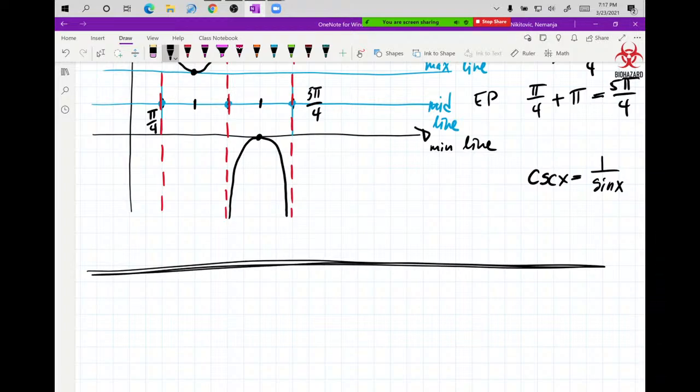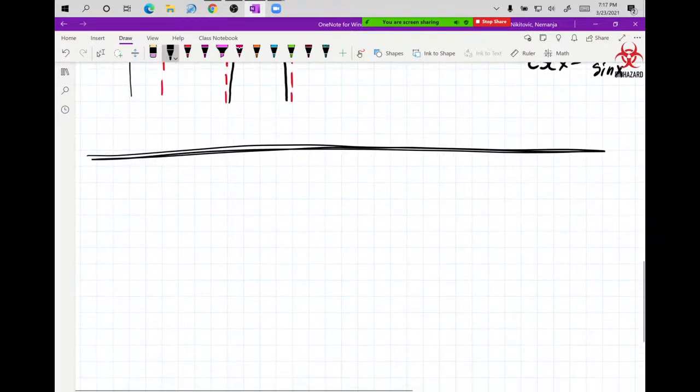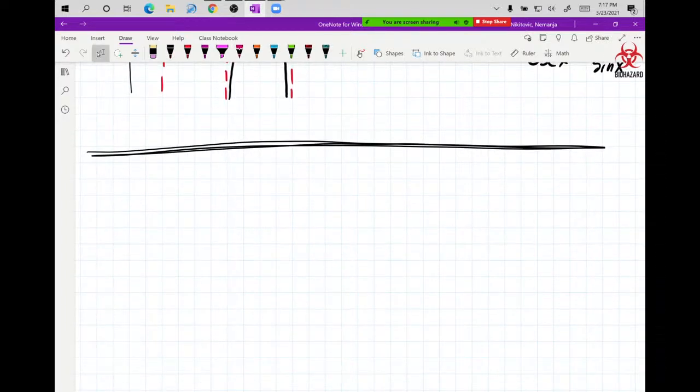What we want to focus on are tangent and cotangent graphs, because those are using different formulas. Tangent graphs. All right, so the tangent graph has to have vertical asymptotes, because tangent is sine divided by cosine.